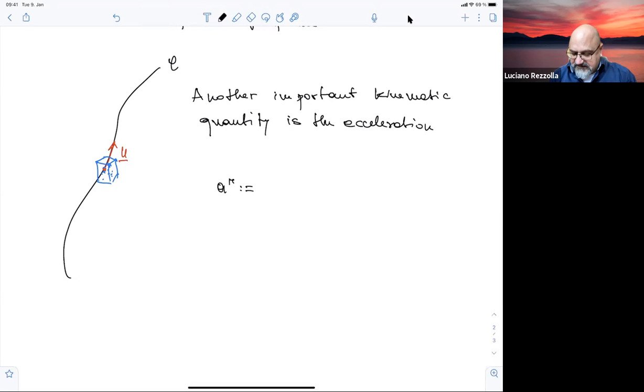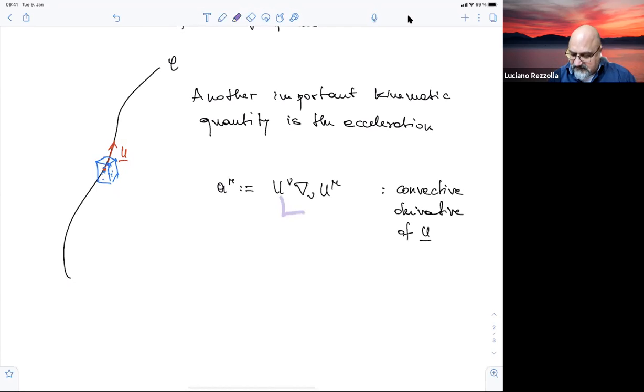So I take u^ν ∇_ν u^μ. This is the convective derivative of u itself. It's convective because I'm taking a covariant derivative. By the way, this is a covariant derivative along the fluid 4-velocity.